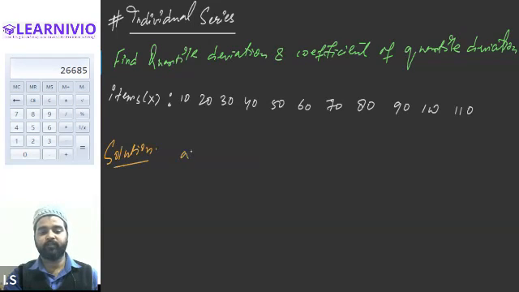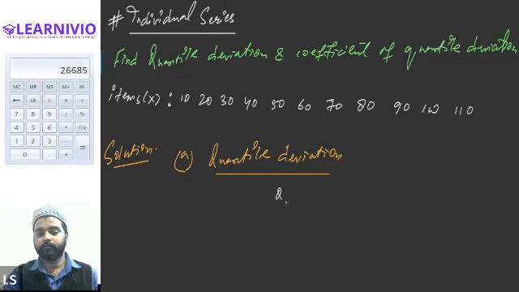The formula for quartile deviation is Q3 minus Q1 divided by 2.